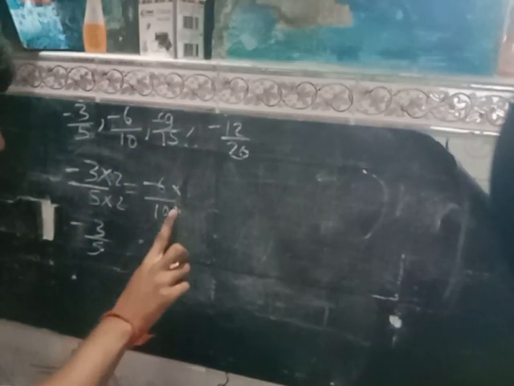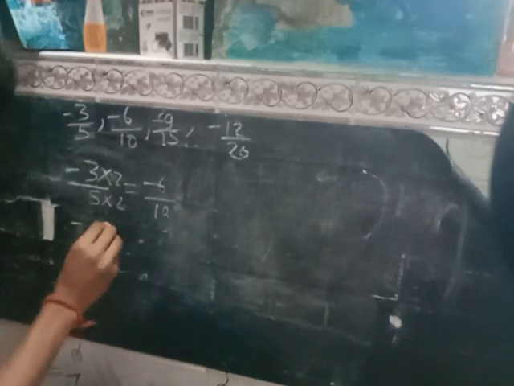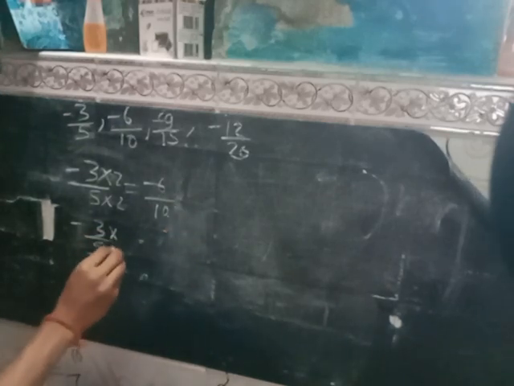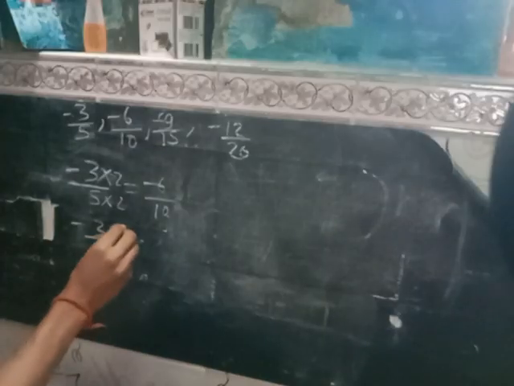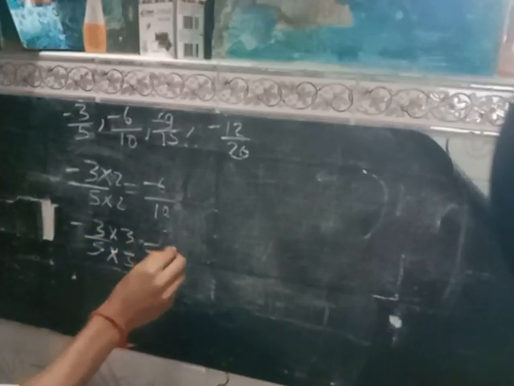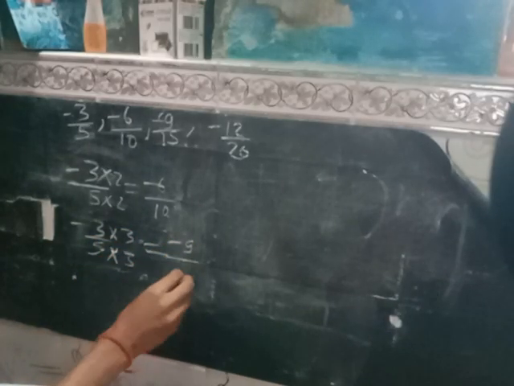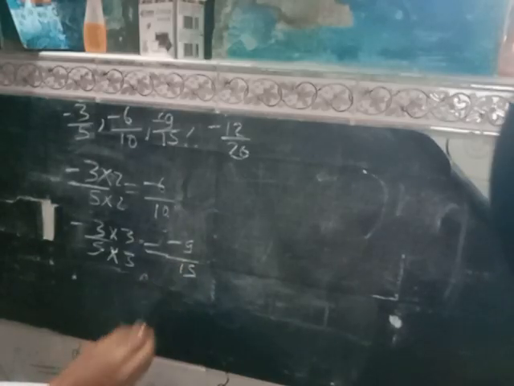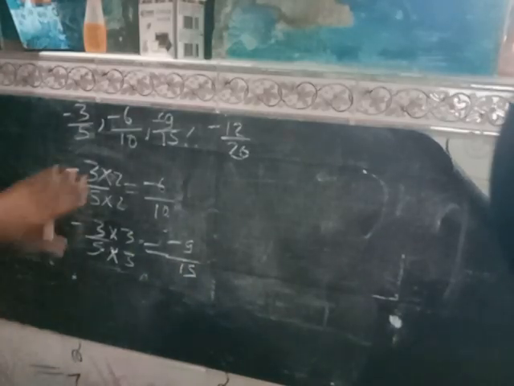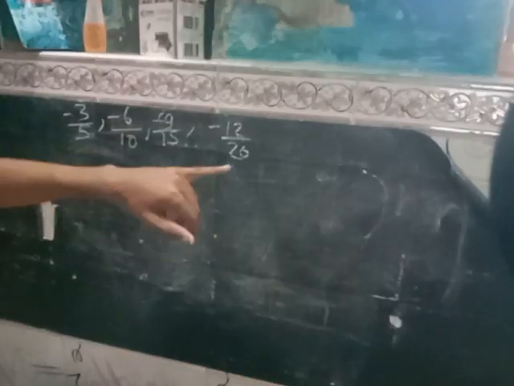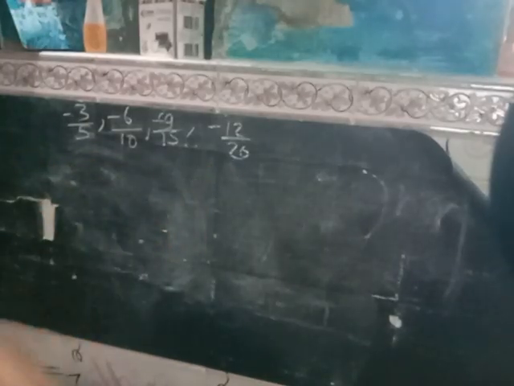That's why it takes me so much time. But it has to be minus 3 by 5 multiplied by 3, so it will be minus 9 by 15. So this is the pattern, and the next will be minus 3 by 5 multiplied by 4.